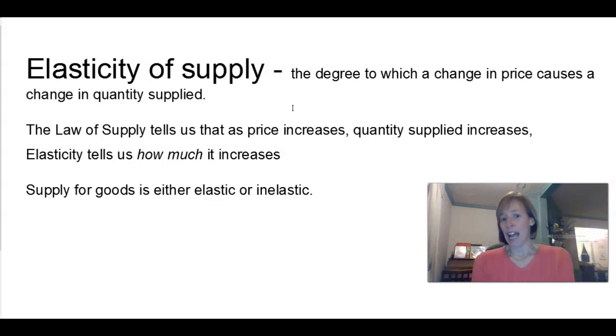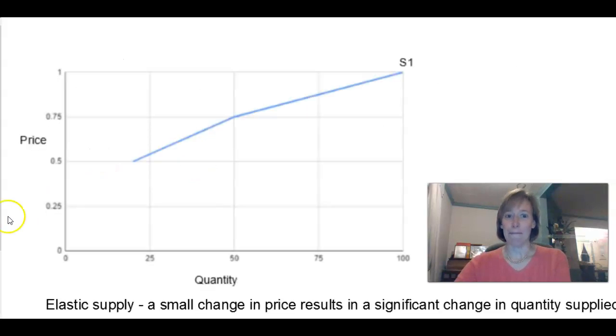We know that supply for goods can be either elastic or inelastic. When we look here at this graph, we're seeing elastic supply. We're seeing that when we make small changes in price, from 25 cents to 50 cents to 75 cents, there's a significant change in the quantity supplied.